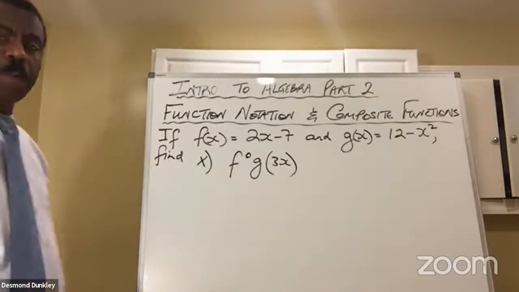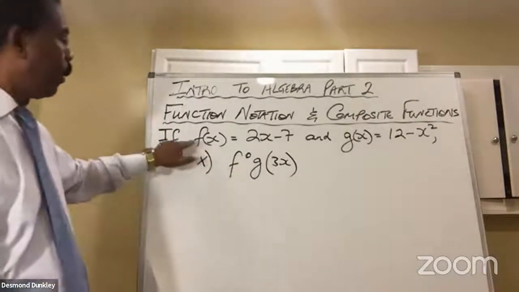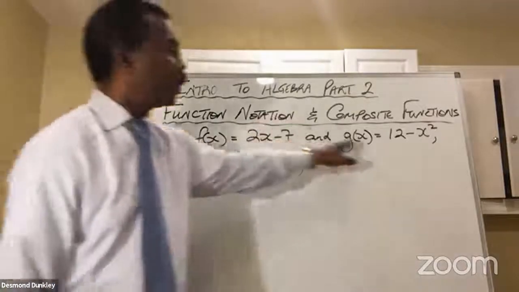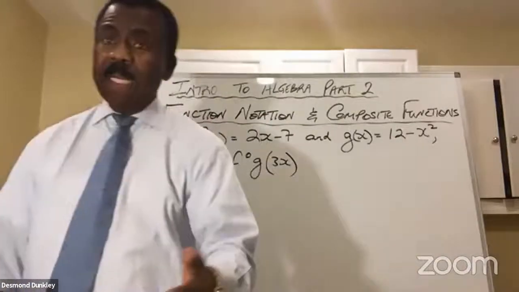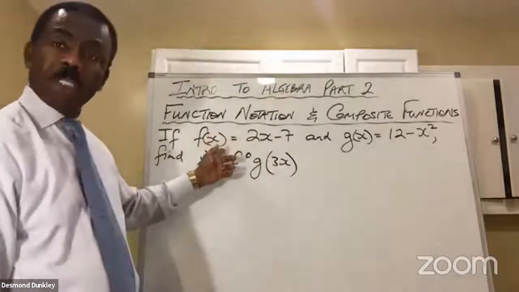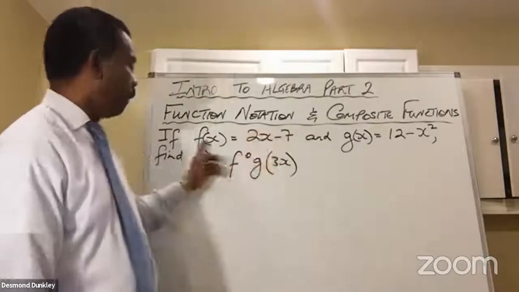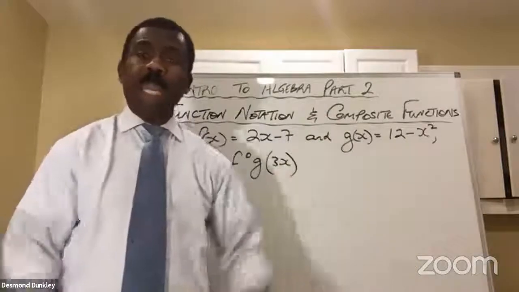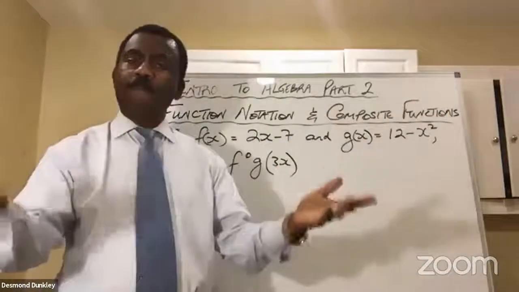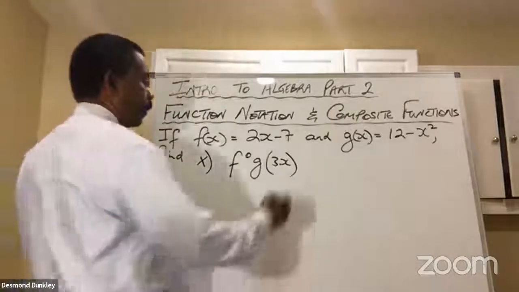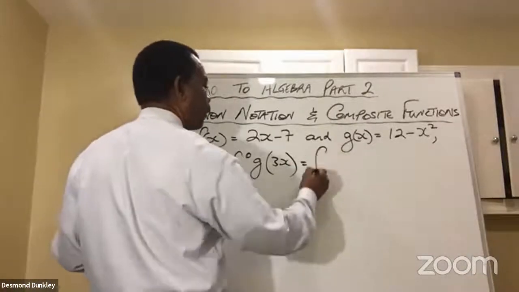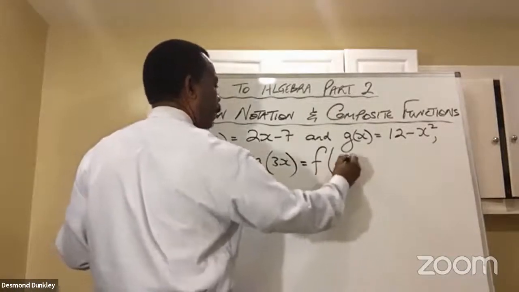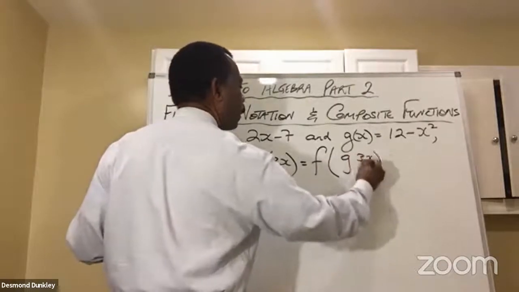Okay, so if we're given this, really, again, we're using these definitions. Another day, I could give you a different definition for f, and a different definition for g, and I could give you another function h. I can give you whatever I want, okay? So, this is going to be equal to f of g of 3x.